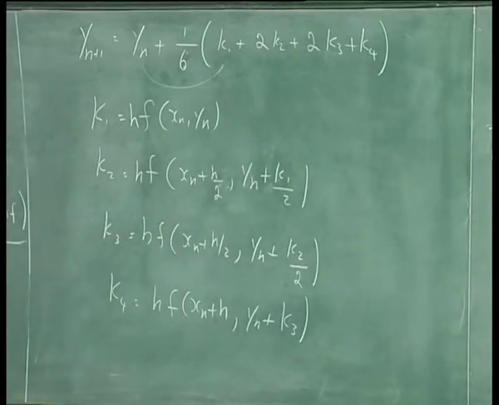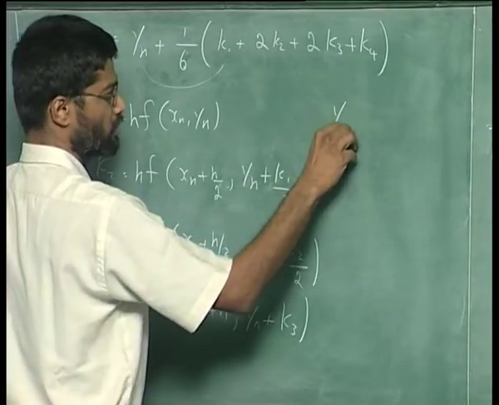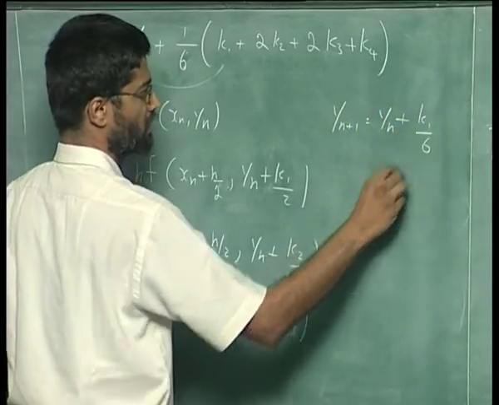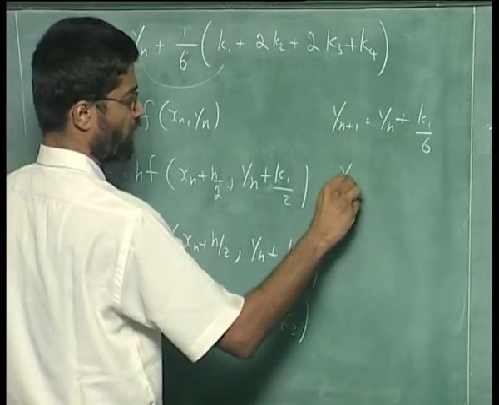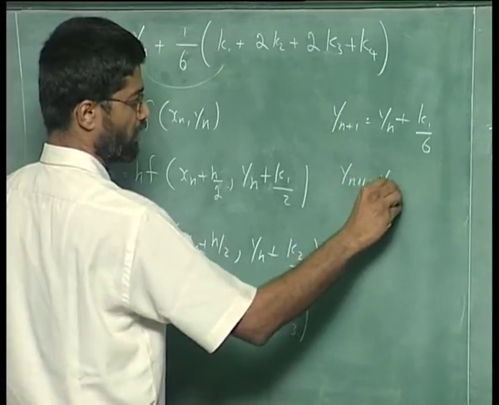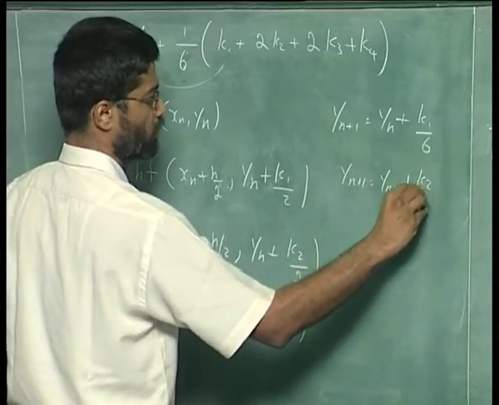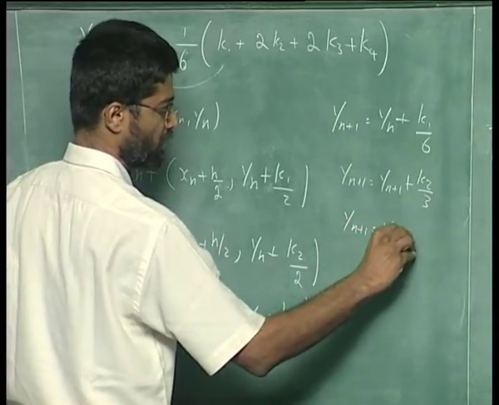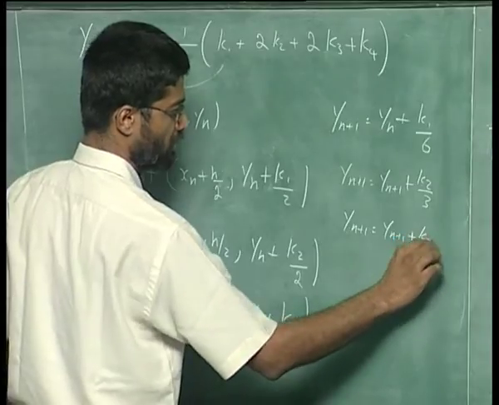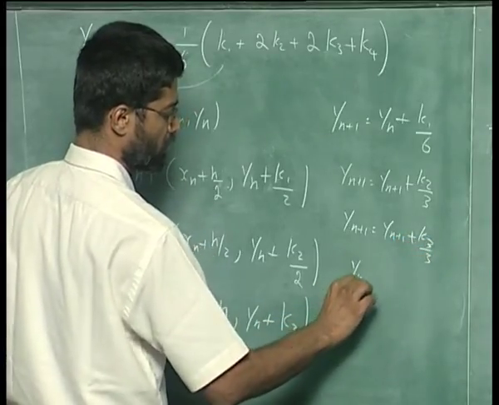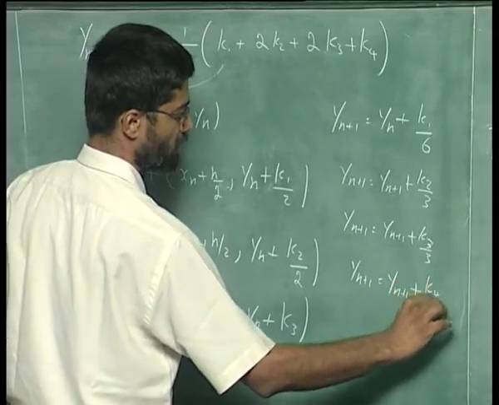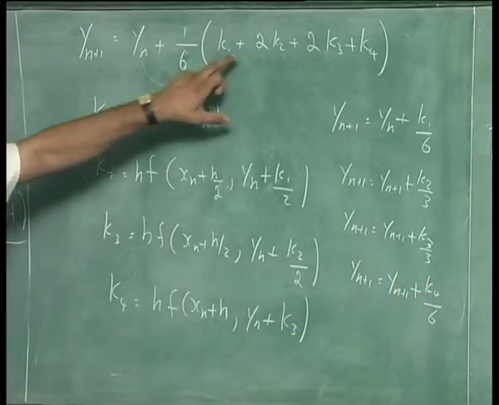That is, I start with yn plus 1 equal to yn plus K1 by 6, then yn plus 1 is yn plus 1 plus K2 by 3, then yn plus 1 is yn plus 1 plus K3 by 3, and then yn plus 1 is yn plus 1 plus K4 by 6. So that's just doing this in a serial order.